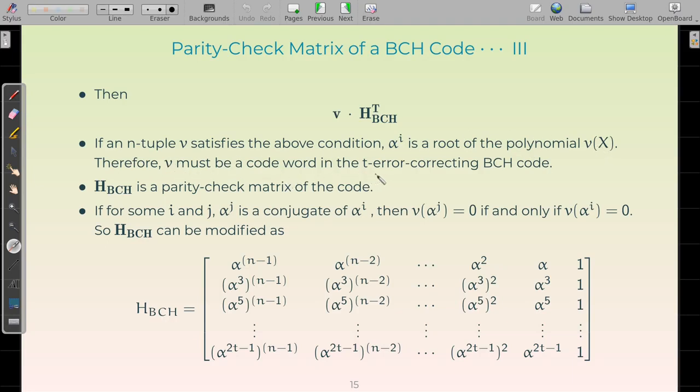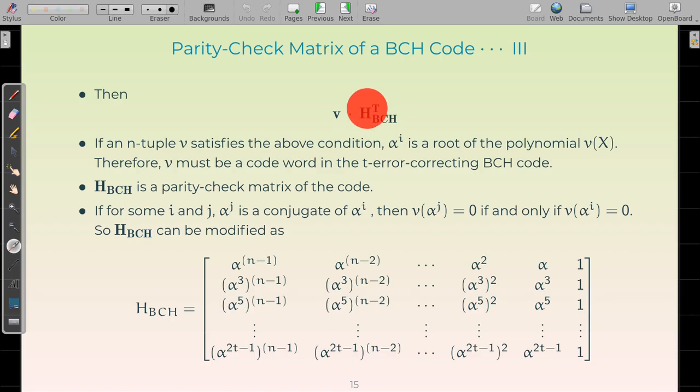Therefore, v must be a code word in the t-error correcting BCH code. So using this parity check matrix, we can determine whether a particular word is part of that BCH code or not.